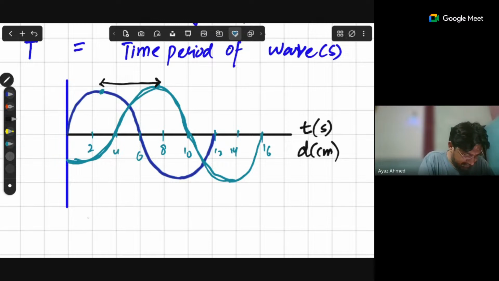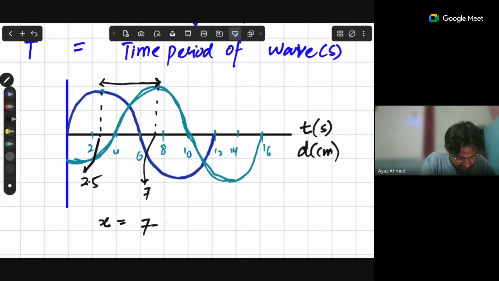X is the distance between these two points. For example, it is at 2, and it is, let's say, 2.5. This one is 2.5. And this is at 7. So 7 minus 2.5.